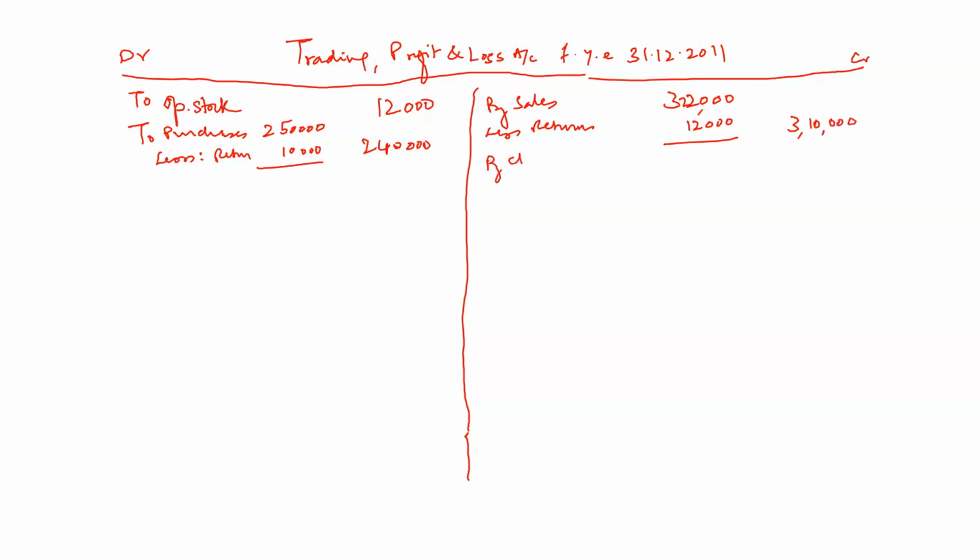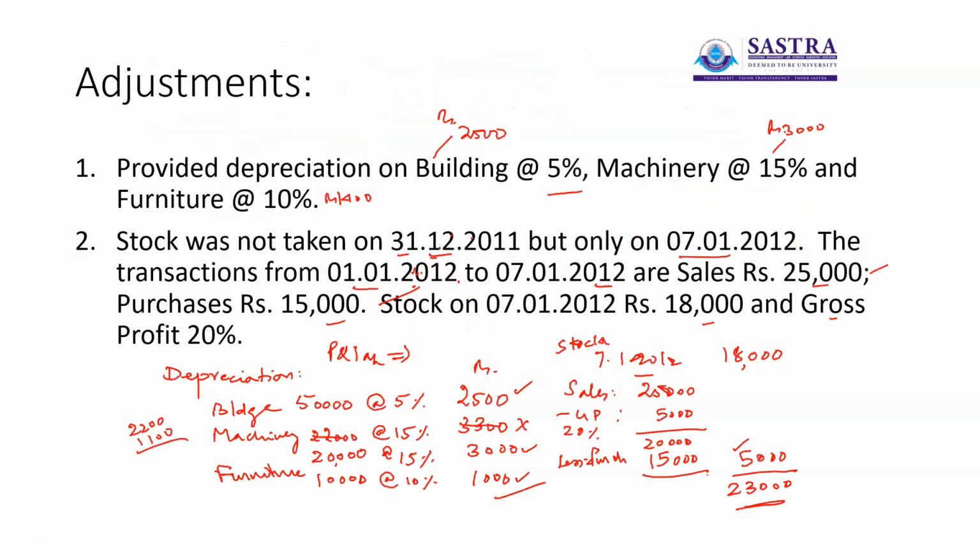By closing stock, we have already calculated. You have to take this number 23,000. Here it was given that the balance sheet was not valued on 31st December 2011. It was valued on 7th January 2012. And the transactions sales given at a gross profit of 20%.